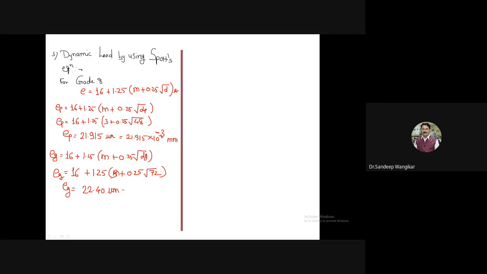22.40 micron, or 22.40 into 10 raised to minus 3 millimeters. Okay, so now I will write down here: total error E is equal to EP plus EG, which is 21.915 plus 22.40.